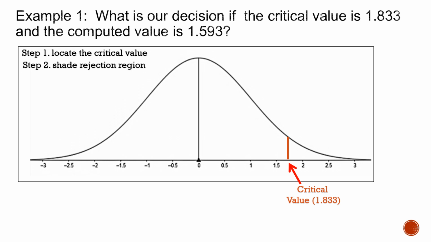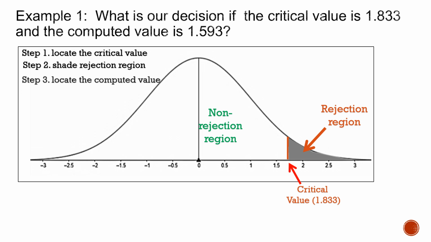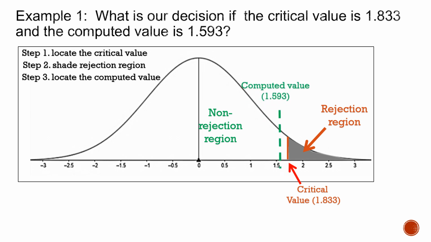Step number 2, we have to shade the rejection region. So this is a one-tailed test, and this is our rejection region. So the shaded area is our rejection region, and the non-shaded area is the non-rejection region. Step number 3, we have to locate the computed value. Based on our given problem, the computed value is 1.593, and that is found in this area.